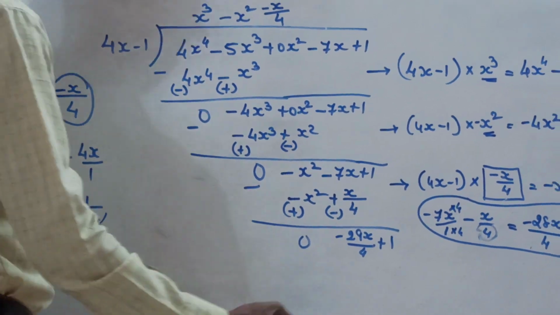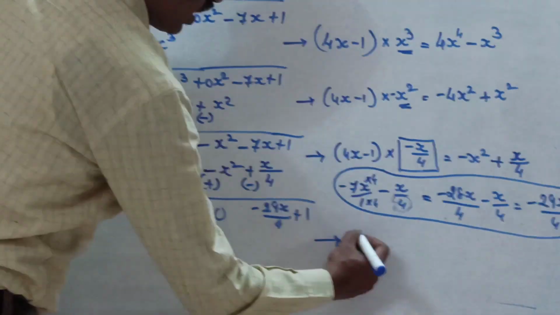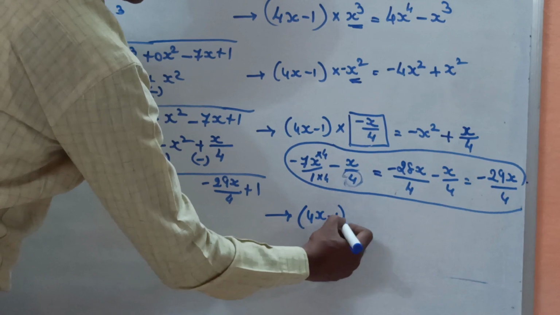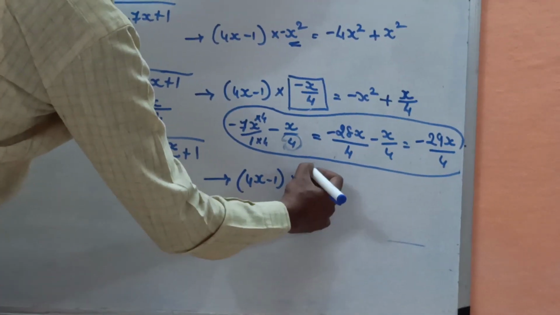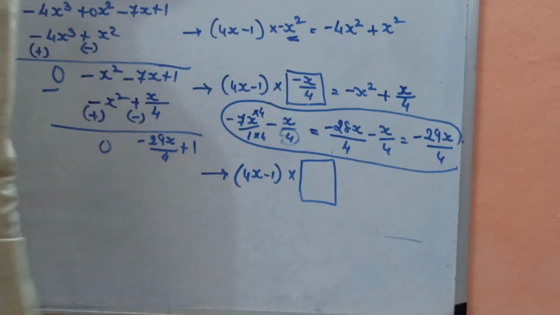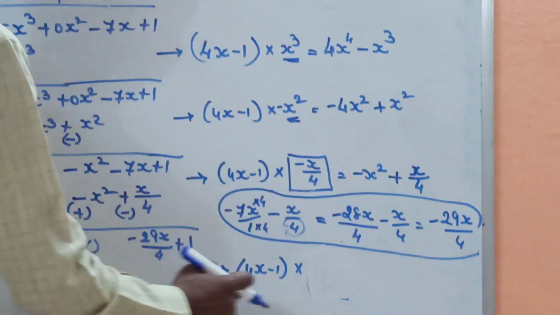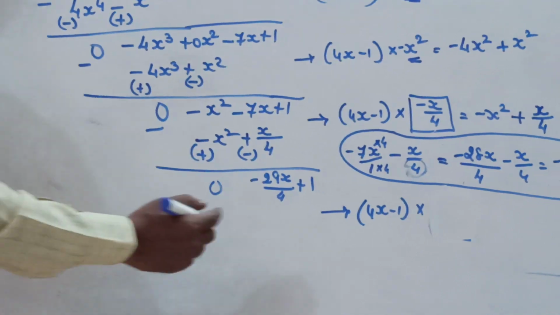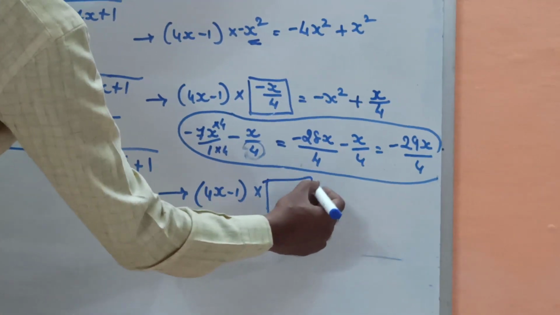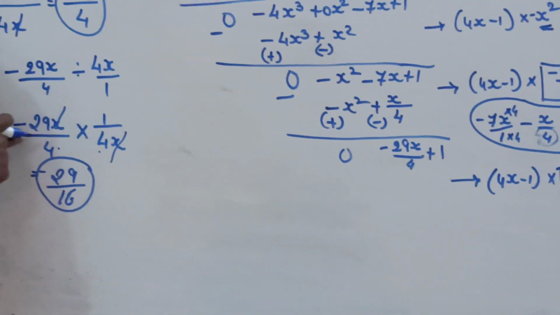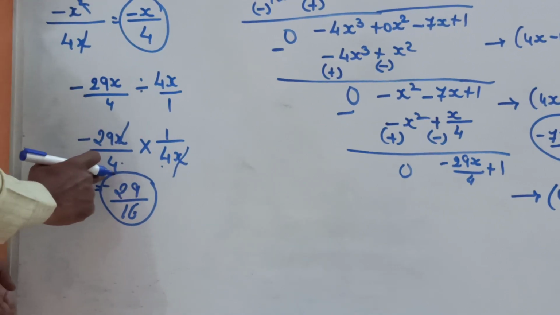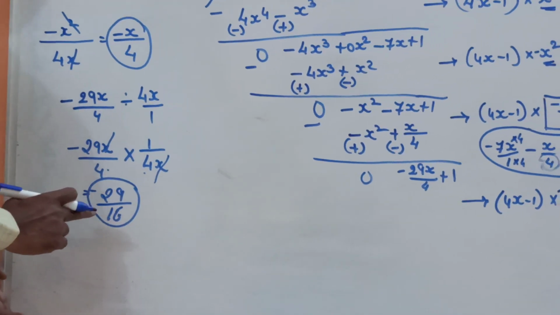So what we are going to write over here, the explanation is 4x minus 1 multiplied by what term? We have taken 4x minus 1 into this term. That is the term I am going to get over here. So I have told you minus 29x upon 4 multiplied by 1 upon 4x.